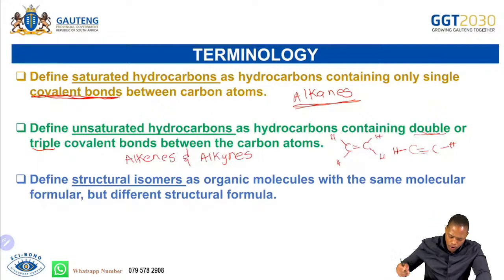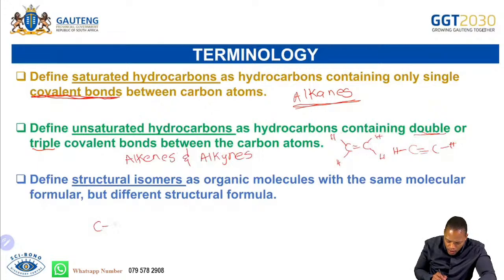Okay, so I'll quickly make an example here. If I simply draw a structure of an alkane with 4 carbons, it will look something like this.